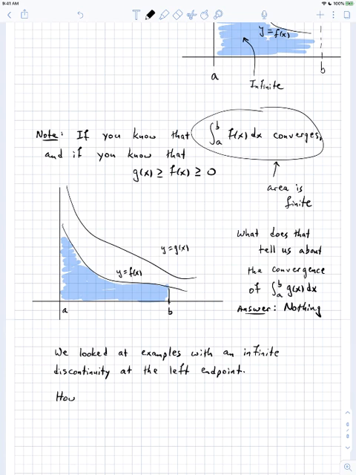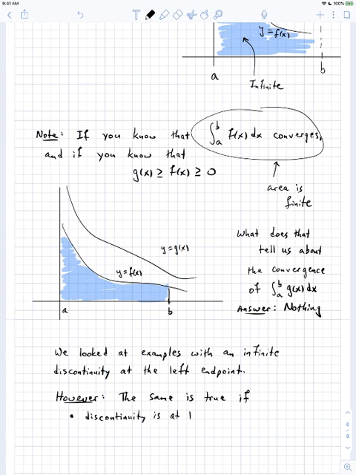However, the same is true if, for example, the discontinuity is elsewhere in the interval.